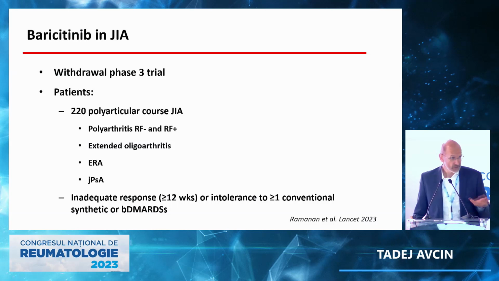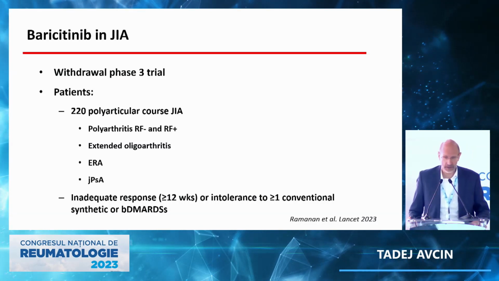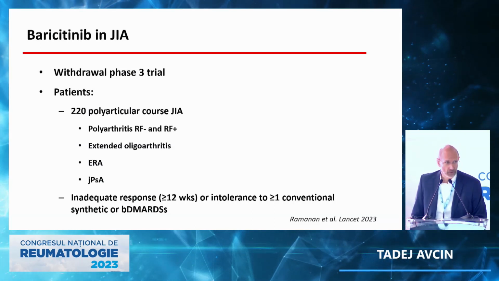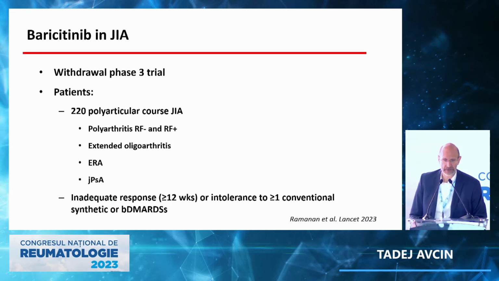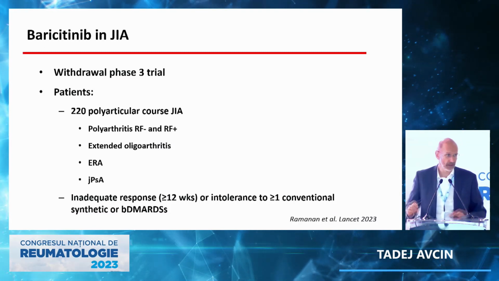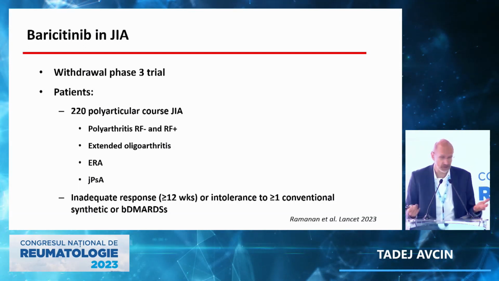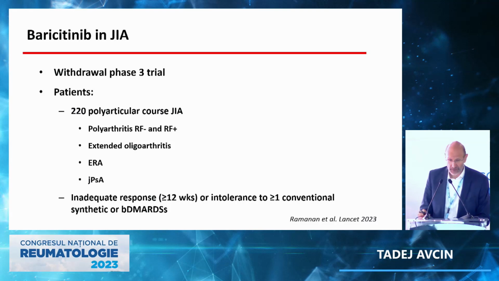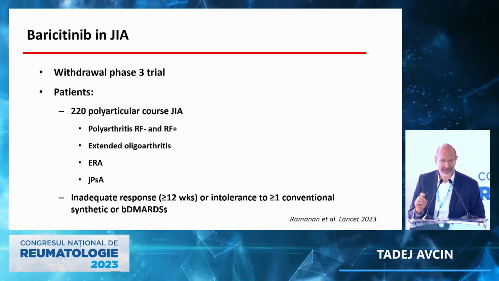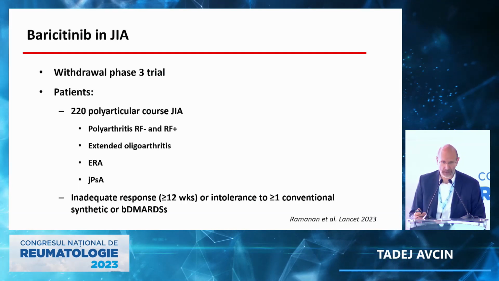Just recently, in August, the baricitinib in JIA trial was published, also in Lancet. It was the classic design, a withdrawal phase 3 trial, which included 220 polyarticular course JIA patients. You can see all the different groups lumped into one large basket. These patients had an inadequate response or intolerance to at least one conventional synthetic DMARD, methotrexate, or a biologic DMARD.